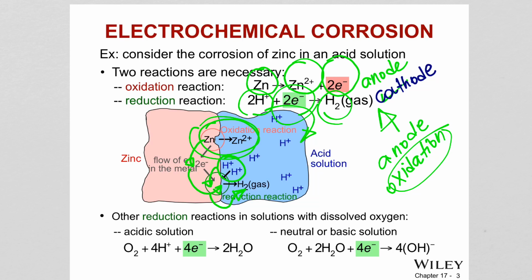The oxygen dissolved in the solution can get electrons from the zinc, combined with water or combined with hydrogen ions, depending on whether it's an acidic or neutral solution. The oxygen can react and get the electrons from the zinc, forming either water or hydroxide ion, as you are seeing.